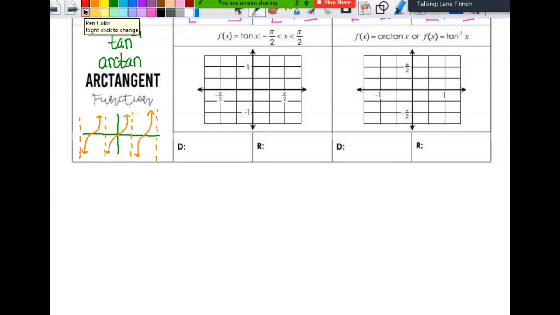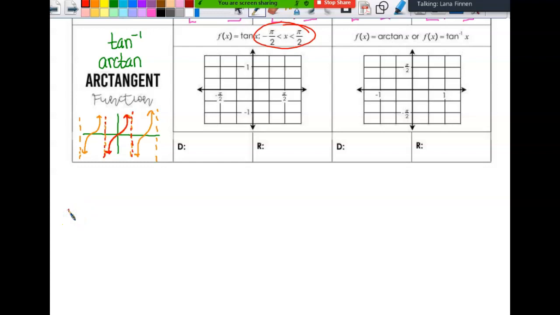So if I want a section of that graph that would pass the horizontal line test, I can just pick any one of those little repetitive sections, but we want the ones as close to 0 as possible. So this is the part we're going to use, which makes tangent kind of nice there. And that goes from -pi halves to pi halves. That's why it's restricted that way.